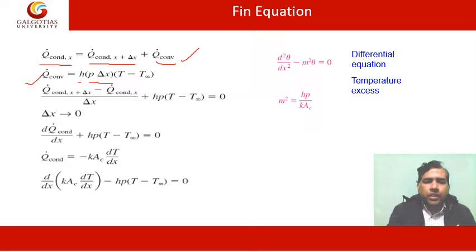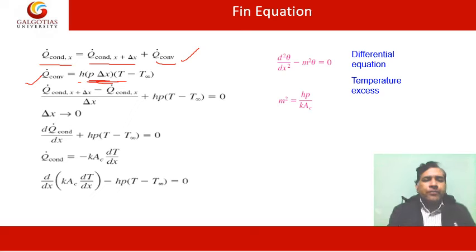This is the area from where the heat is leaving through convection, and this area is different from the cross-sectional area, the symbol Ac that we used in the previous slide. Through Ac, the cross-sectional area, conduction is taking place.